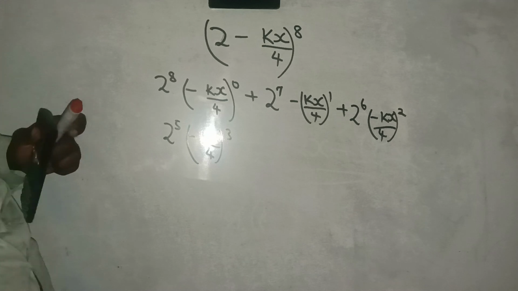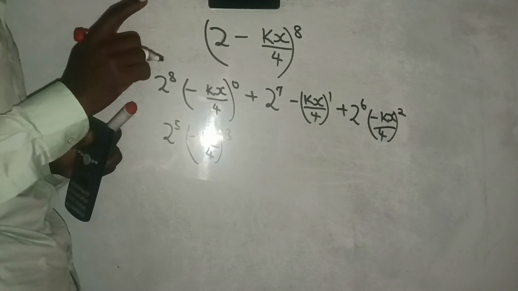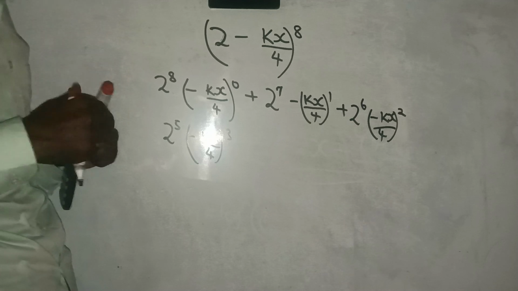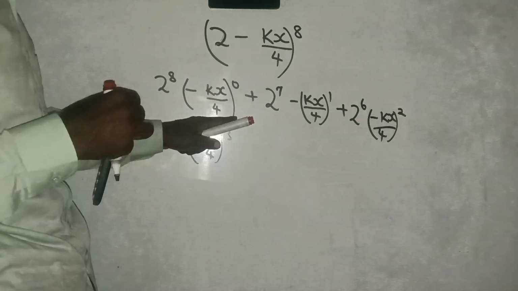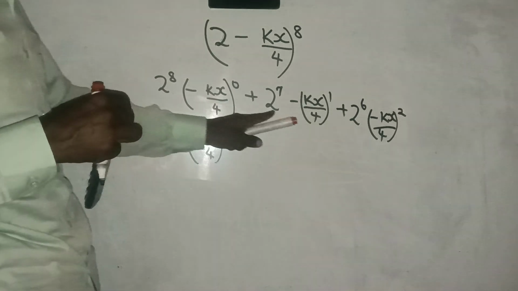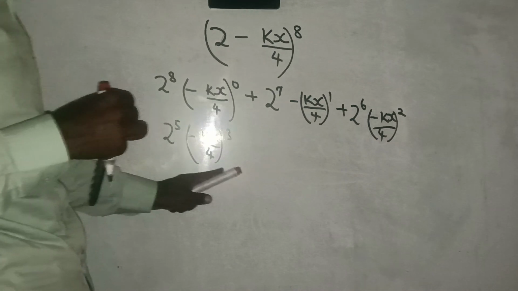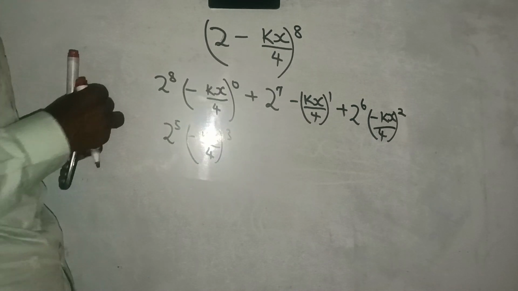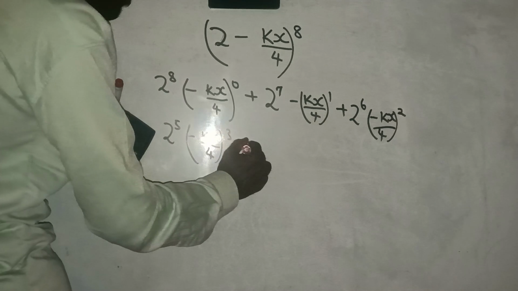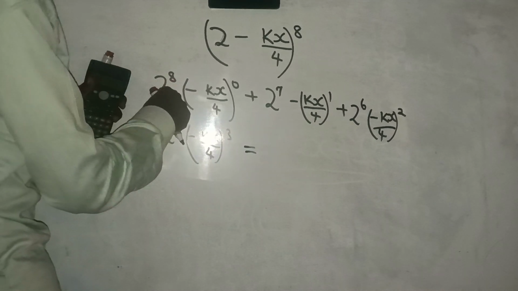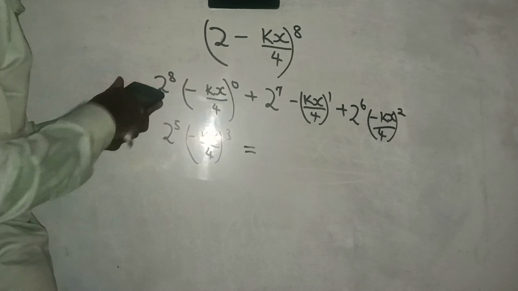Because the question had asked us to progress with our expansion up to the 4th term. To mean this is going to serve as our first term, this becomes our second term, this is going to serve as our third term, and this serves as our 4th term. Now to proceed, we're going to have this. 2 raised to 8.